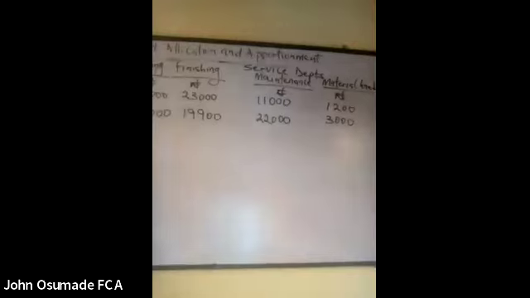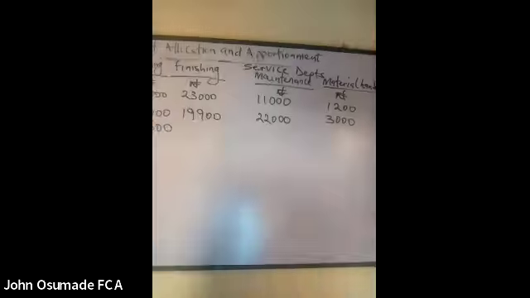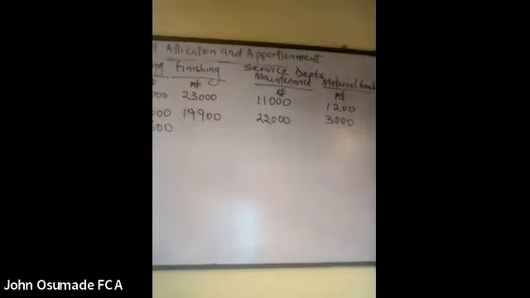Then other allocated costs. Under machining, you have 5,600. Finishing, you have 2,400.